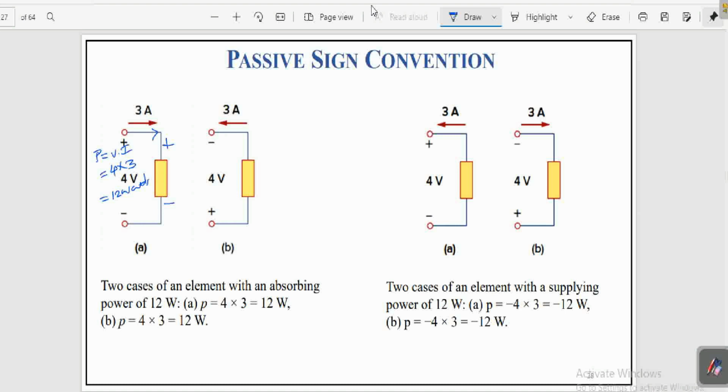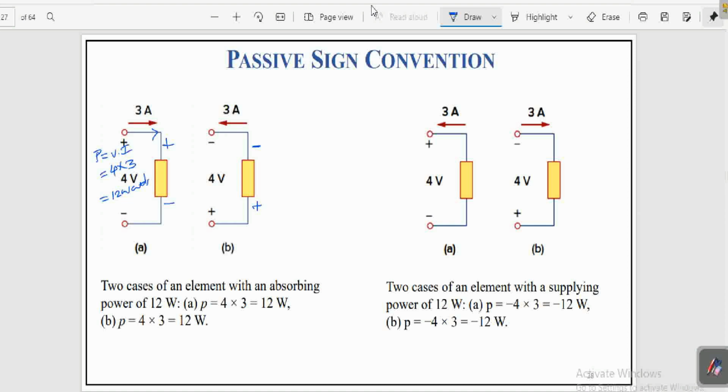If power is positive, then we can consider it as absorbing power. If power is negative, we have to consider it as delivering power. Now, this is a negative terminal and this is a positive terminal.